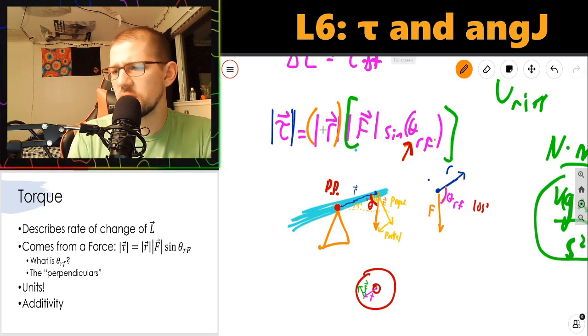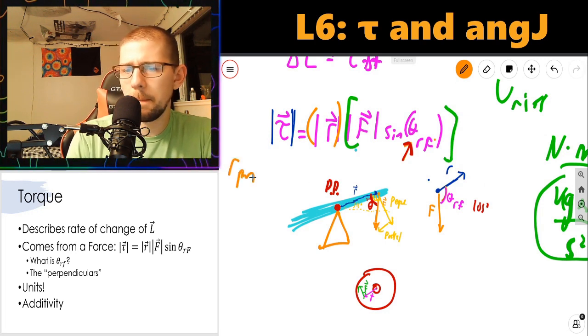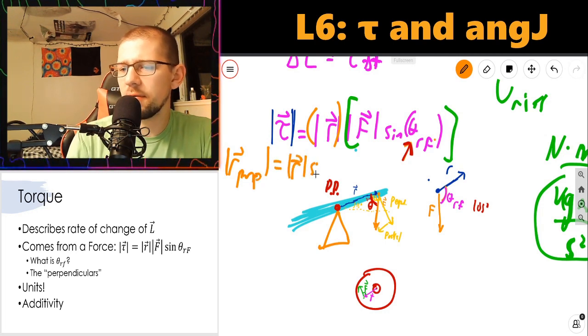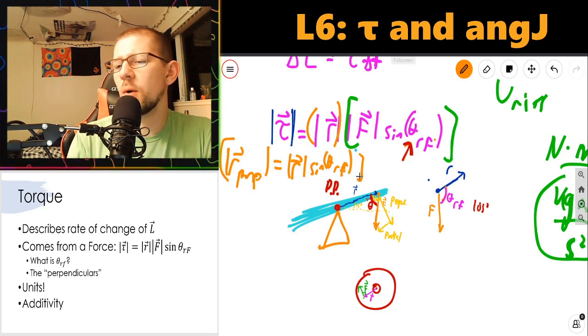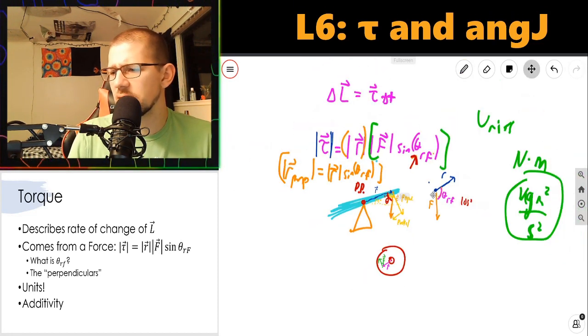So R perpendicular is just magnitude R sine of theta RF. But again, I would say this equation is low on the list of equations to know. The most important thing is to develop some intuition for when it's better to use R perpendicular and when it's better to use F perpendicular. And you'll hopefully develop that some in DLs and in problem sessions.